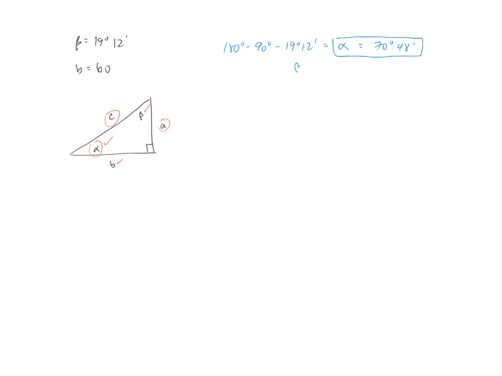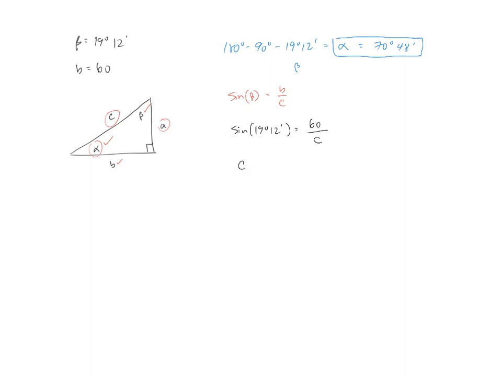So one of the options would be to investigate sine of beta. We know that sine of beta from our last slide would be the B over C. So the opposite over the hypotenuse. And for us then, sine of 19 degrees 12 minutes would equal B, B is 60, over C, which is what we're looking for.